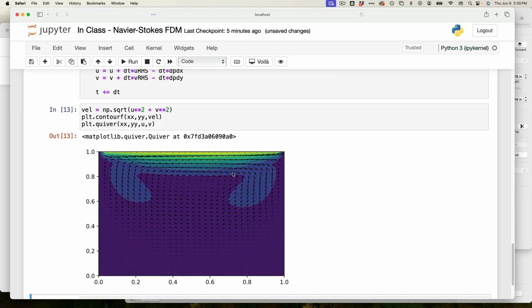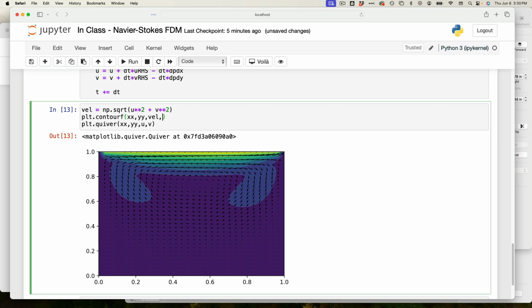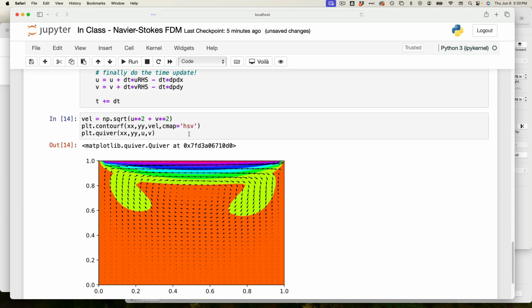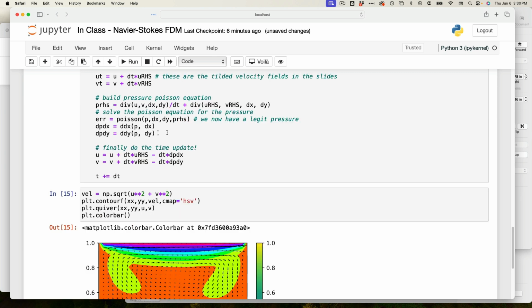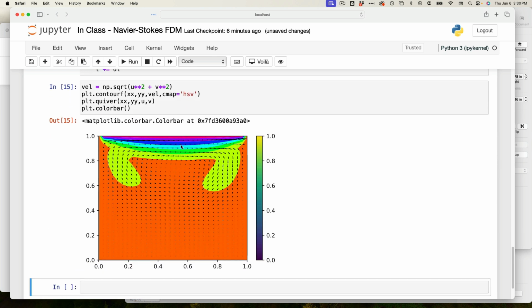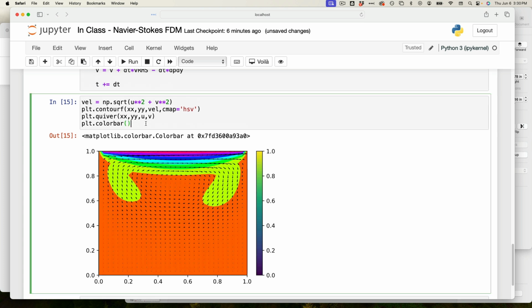All right. So look at that. This is the speed. The colors are speed. Let's change the map. Let's do cmap equal to hsv. All right, this is a little bit better. So this is colored by plt.colorbar. It's a kind of weird color bar actually.